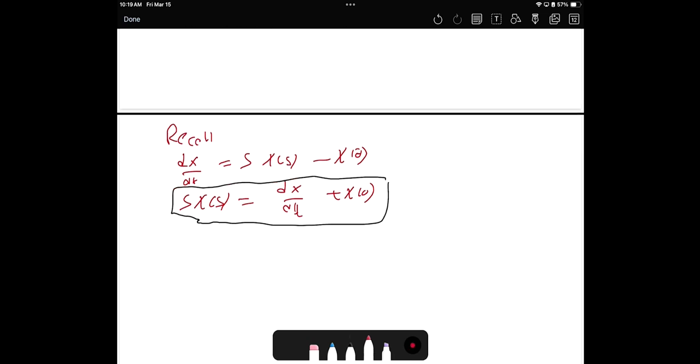Then also recall d squared x/dt squared equals s squared X of s minus s x of 0 minus x bar of 0.